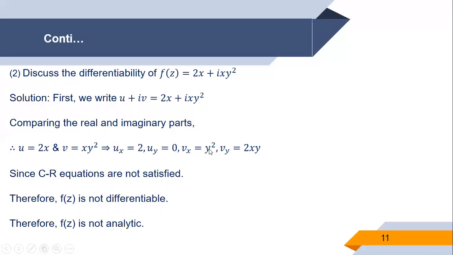So 0 is equal to minus y square, so y is equal to 0 obviously. And if y is 0, then this value is 0 and this value is 0. So both are different. That means ux is equal to vy and uy is equal to minus vx are not satisfied together. That means the CR equations are satisfied nowhere.